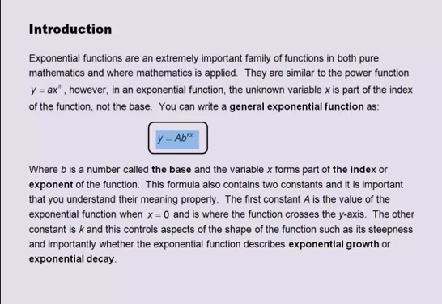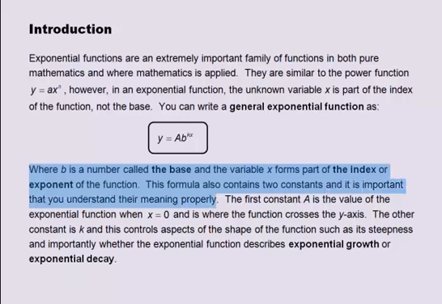y equals a multiplied by b to the power kx, where b is a number called the base and the variable x forms part of the index or exponent of the function. This formula also contains two constants, and it is important that you understand their meaning properly.